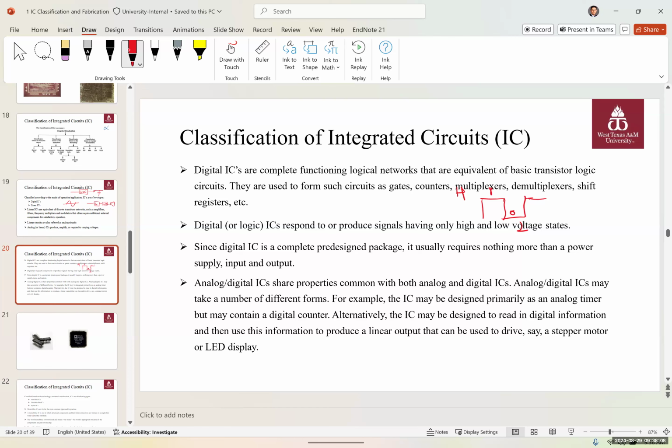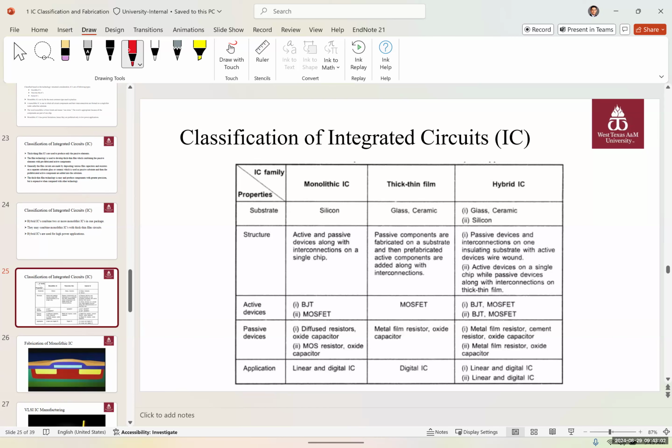The substrates, meaning the base that we print on and make the ICs on, are like a printer. The substrate would be our paper. That could be made out of silicon, ceramic, glass, or even a combination of them. Monolithic ICs are made out of silicon.